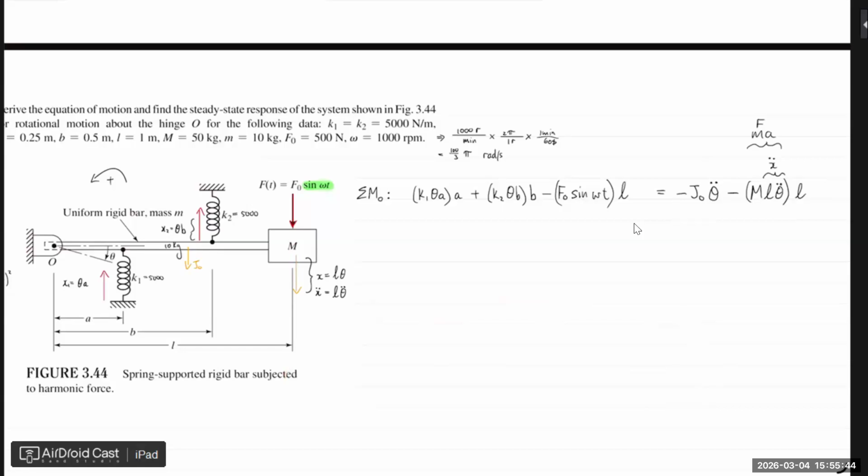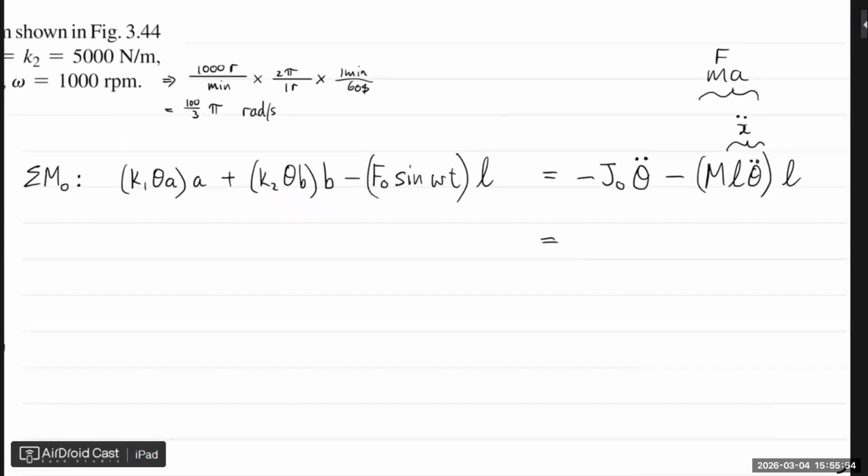Okay, so let's just get everything nice as where it should be. So just to simplify this, we have K1 A squared plus K2 B squared.